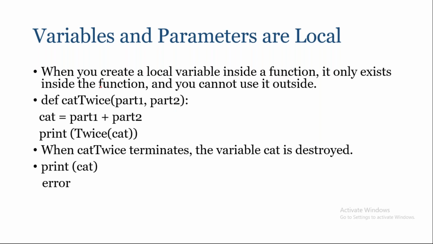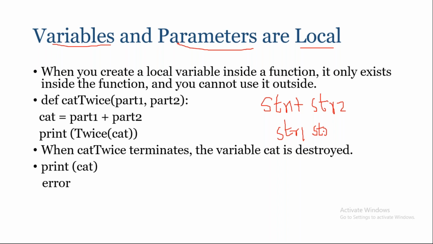Now this is a very interesting concept again. The variables and parameters are local when you define a function. Just to give you an example, suppose I want to concatenate two values. You remember, when we put the plus operator between two strings, say string 1 and string 2, you get string 1 and string 2 joined in Python, right?